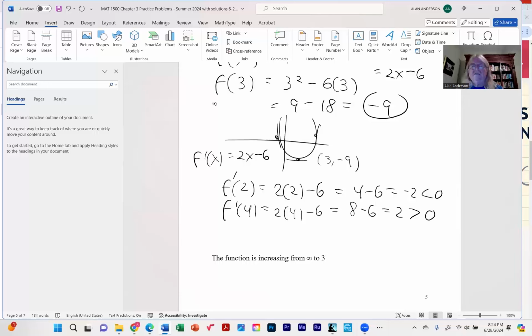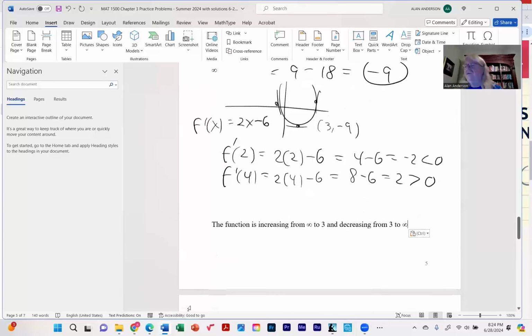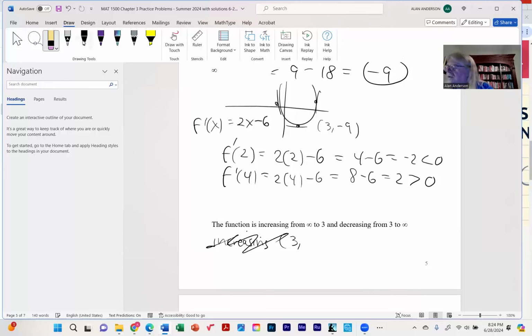So it's initially decreasing as we go from left to right.